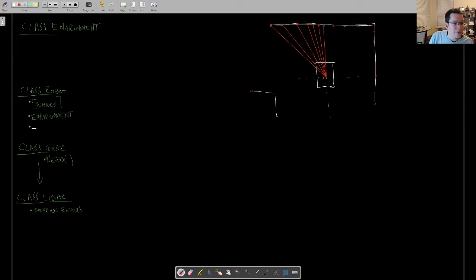This guy will also have an update function, and that function will take in a delta time. This guy will have an update function, which will take a delta time.